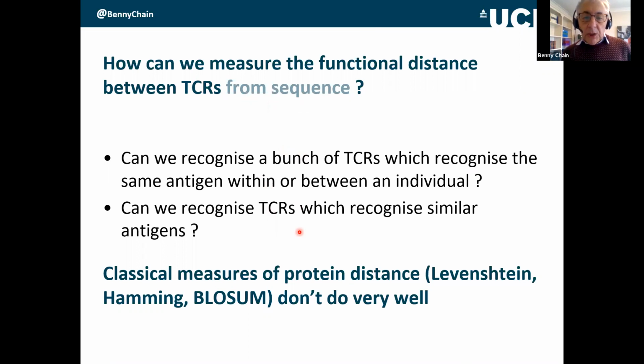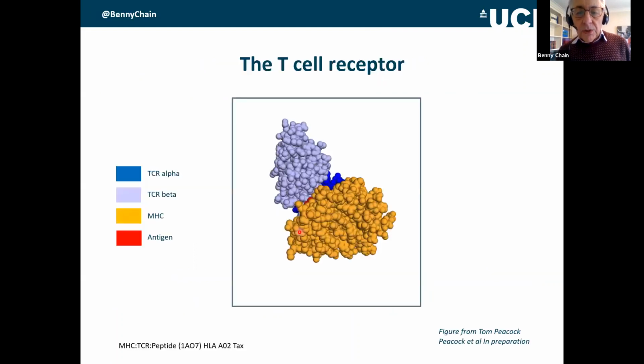And you can probably imagine that because of the loop structure that I showed you before. But even if you focus down on those loops, these simple measures don't work very well. And it's not immediately obvious what constitutes a good metric.